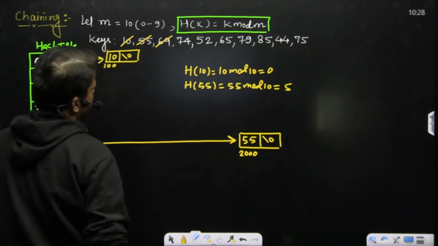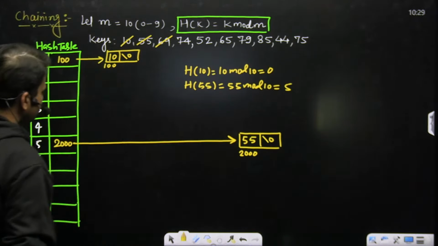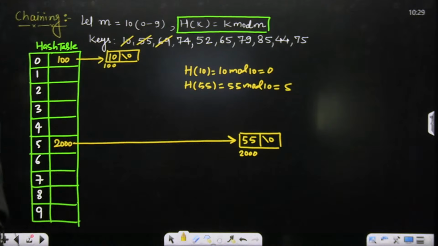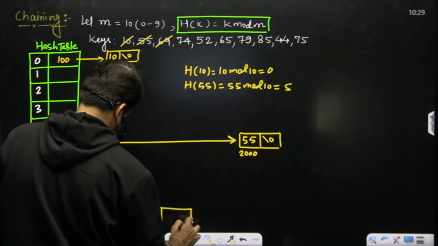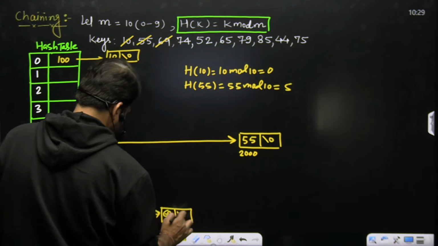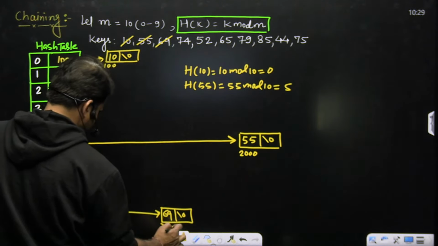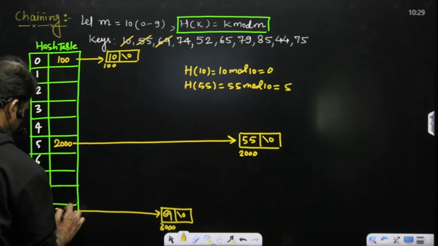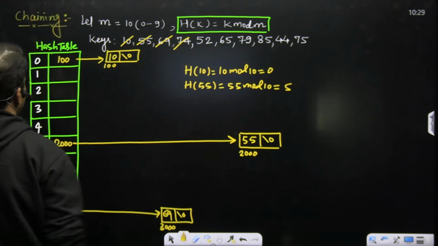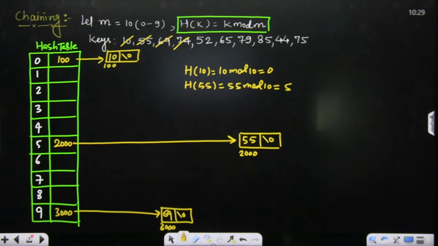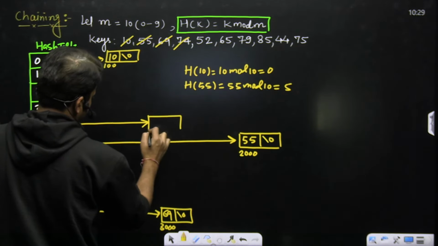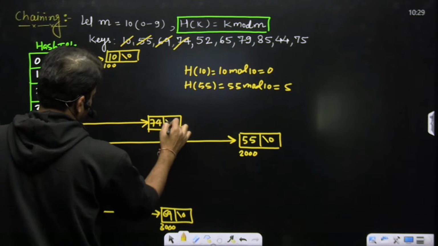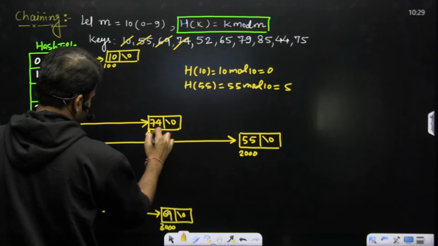For 69 it produces 9, student. Similarly for 74, let the address of this be 4000.